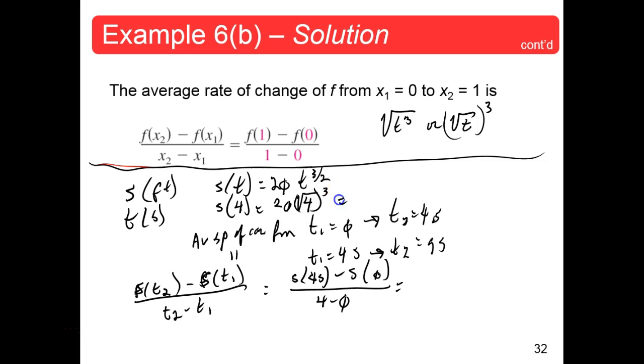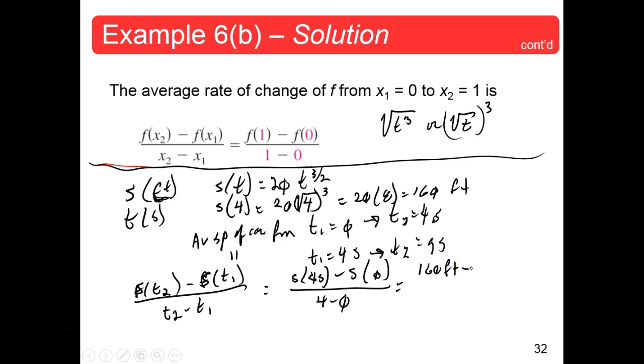So this would be 20 times 8. Square root of 4 is 2. 2 cubed is 8. And 20 times 8 is 160. And what would that be measured in? Feet, because s is measured in feet. So there's your numerator, the first one, 160 feet.